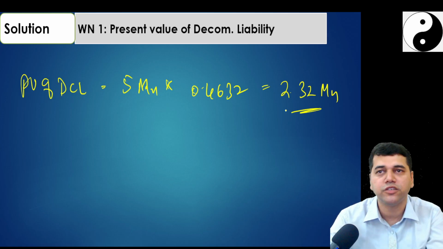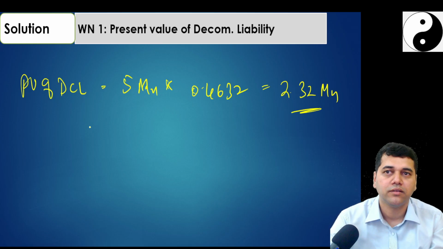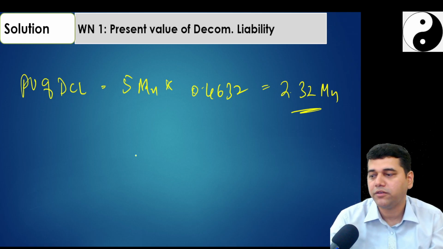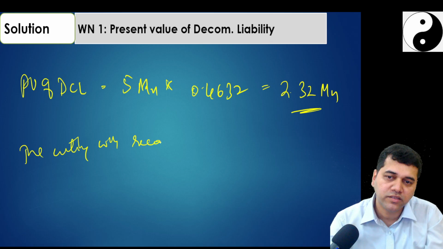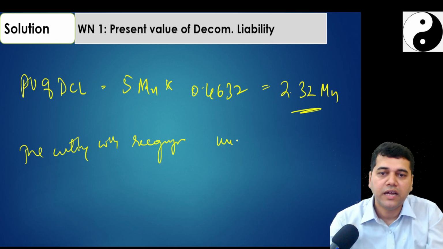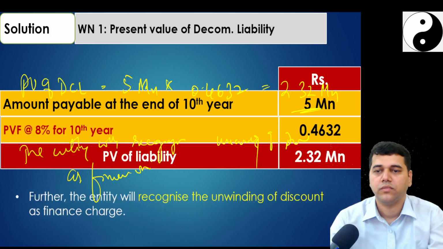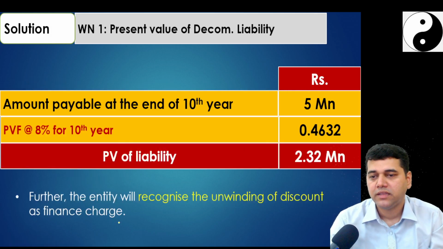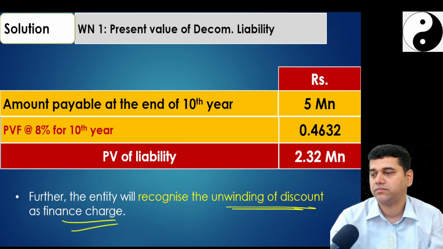First of all, they are wasting your time there by asking you 10-year balance and all. And if you continue to do in lakhs, you'll spend time there. Let us do in million. They are given in million, no. The entity will recognize unwinding of discount as finance cost. So write the story there that the unwinding of the discount will be recognized as a finance cost.